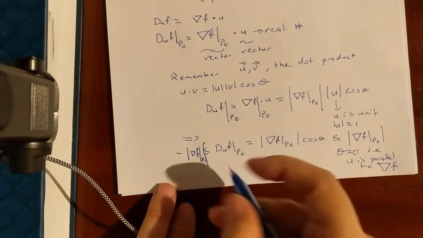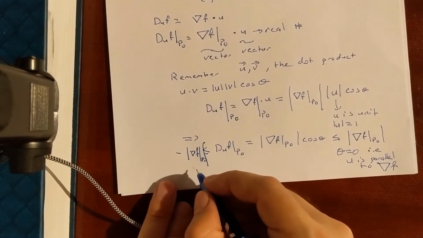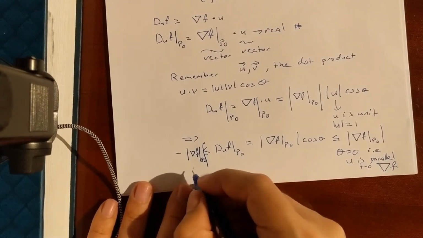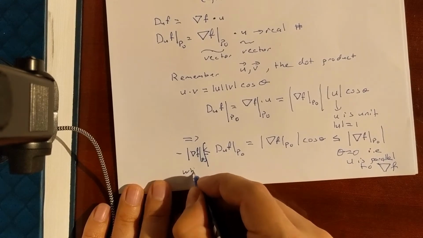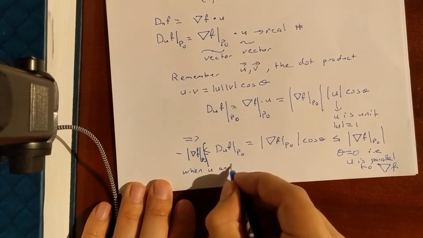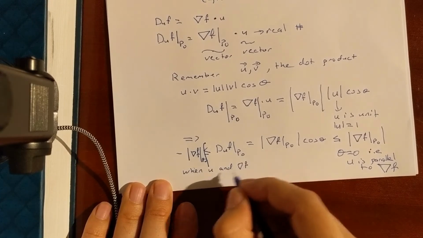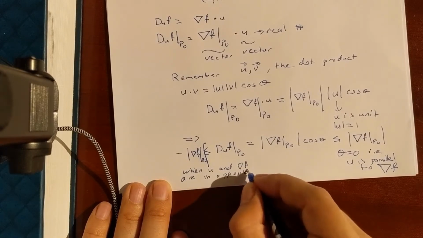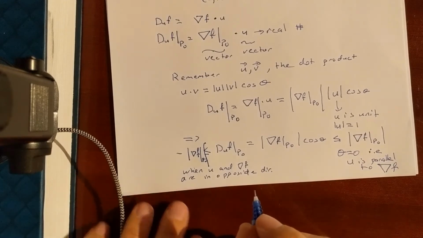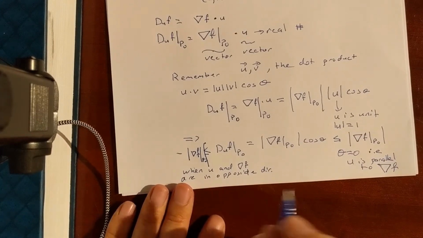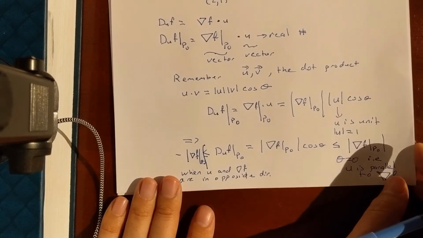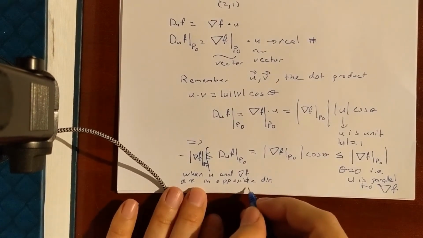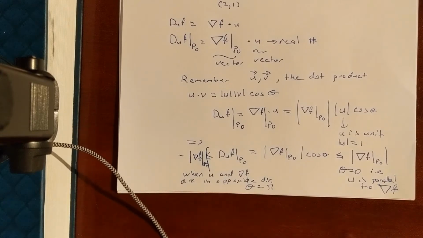And when will it have the lowest value? When u and the gradient of f are in opposite directions. This would be when theta is equal to pi radians. Everything is in radians here.